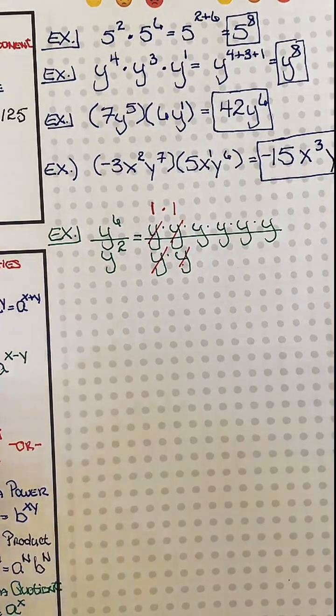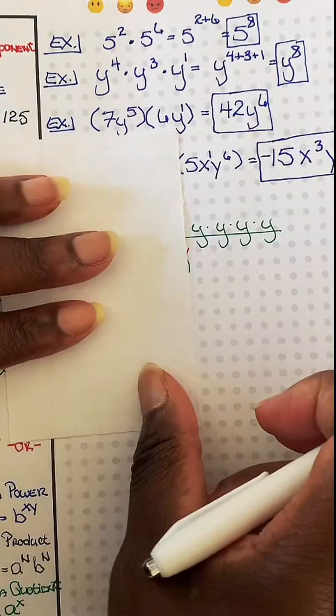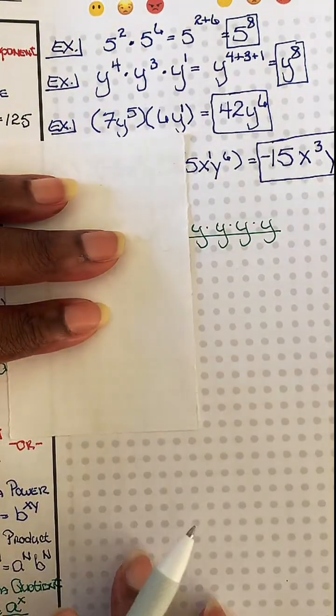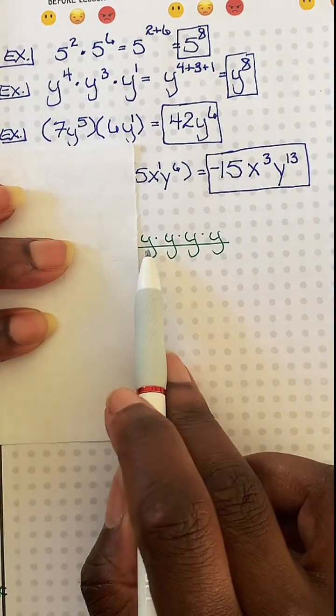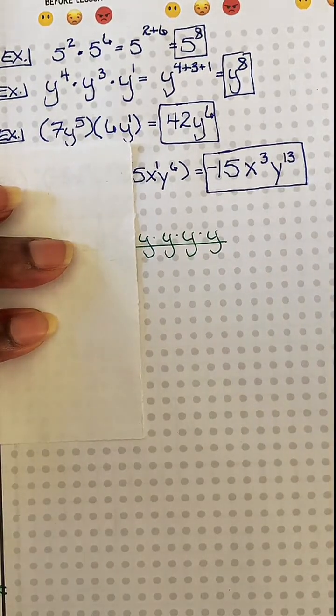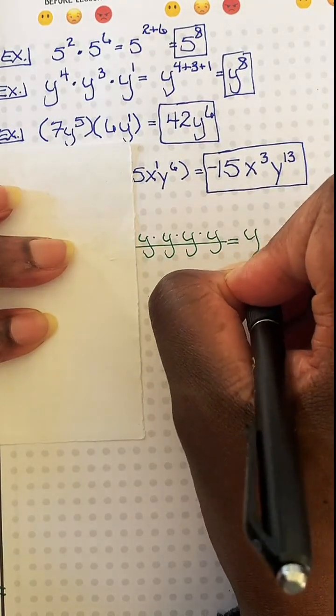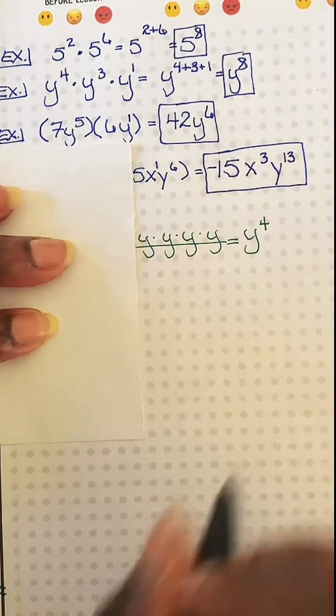So now you're just focusing on what's left, and what's left is 4 y's. And 4 y's is the same as saying y to the 4th power.